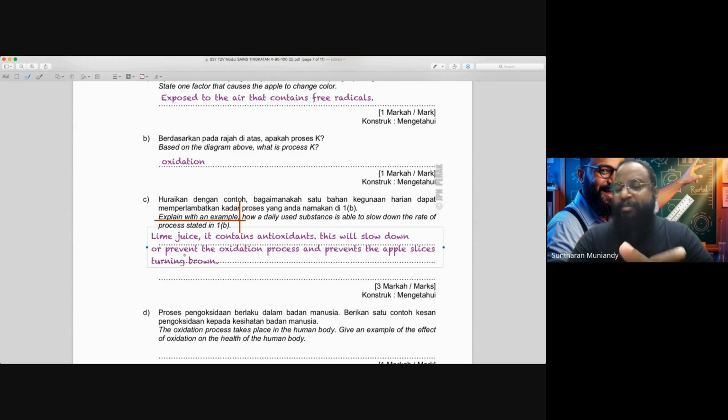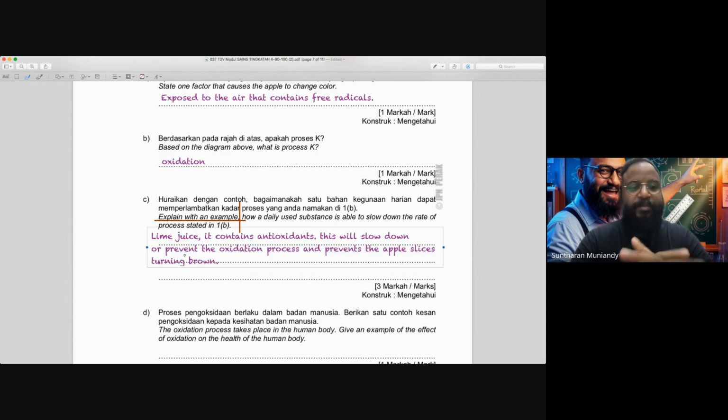Jus limau yang mengandungi antioksidan, ia akan memperlahankan ataupun mengelakkan proses pengoksidaan dan mengelakkan hirisan apple bertukar warna.